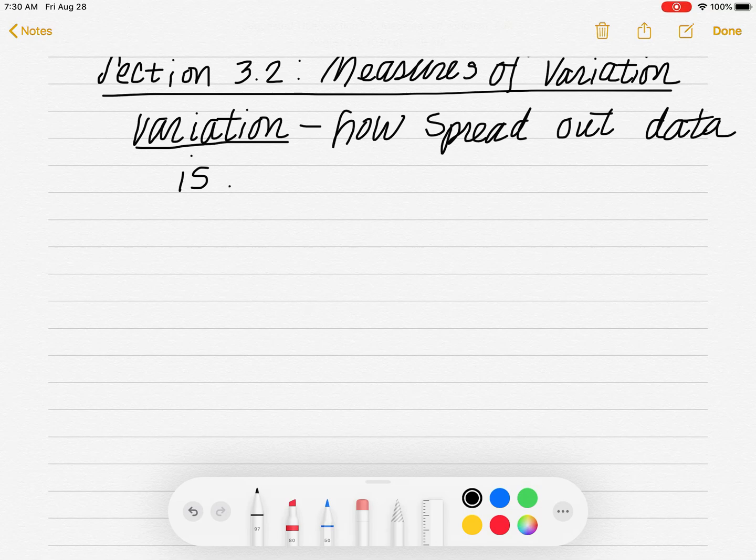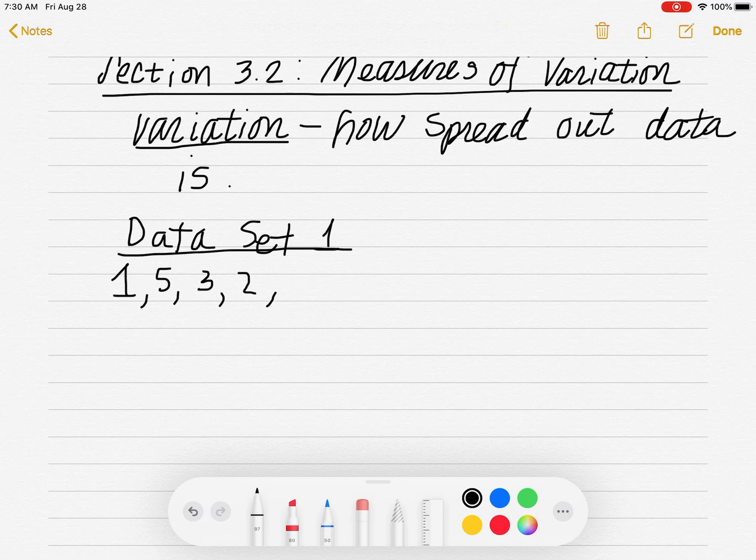So for example, if I just gave you some numbers, let's say I've got data set 1. Let's say the numbers are 1, 5, 3, 2, 3, 4, 1, 5.